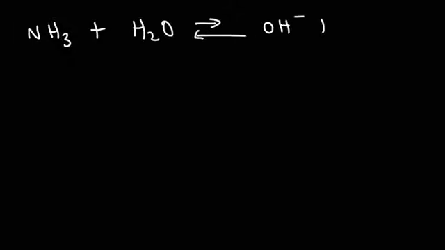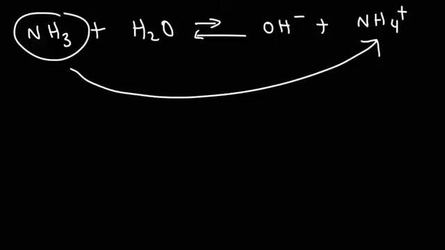Now let's say we have a weak base. Let's use ammonia. Ammonia is going to react with water, but because it's a weak base, it's going to produce hydroxide ions in solution. Now ammonia being the weak base, as a Bronsted-Lowry base, it's the proton acceptor. It accepts a proton to turn into the conjugate acid NH4+.